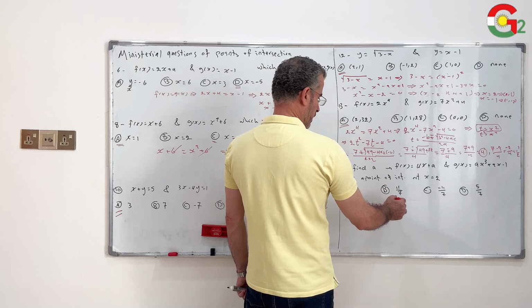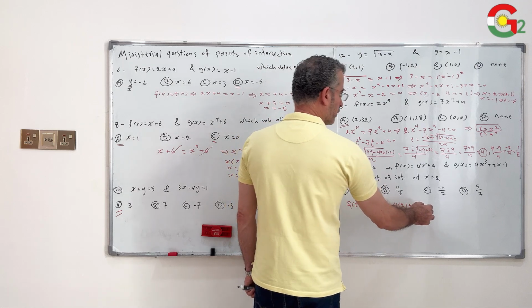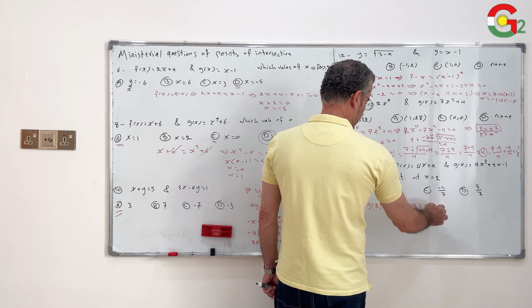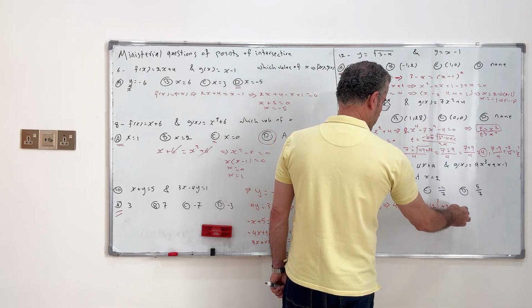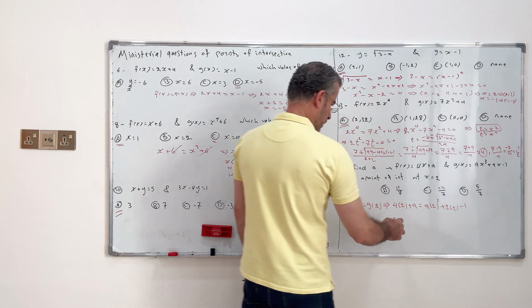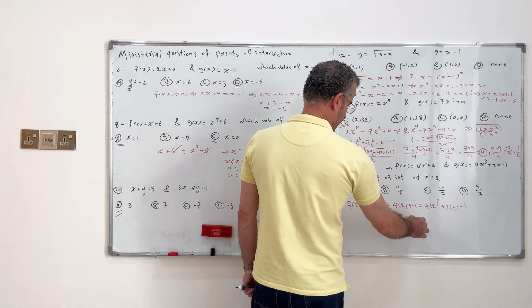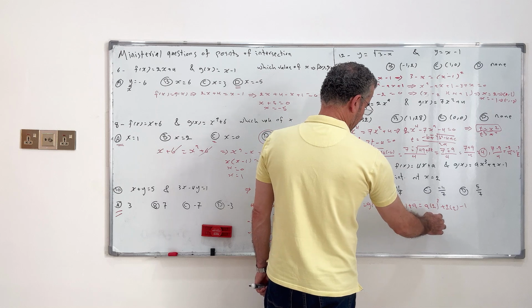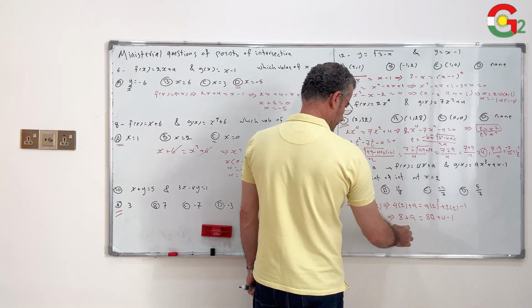This will give me 4 times 2 plus a equals a times 2 to the 3 plus 2 times 2 minus 1. Simplify to find a. 8 plus a equals 8a plus 4 minus 1.